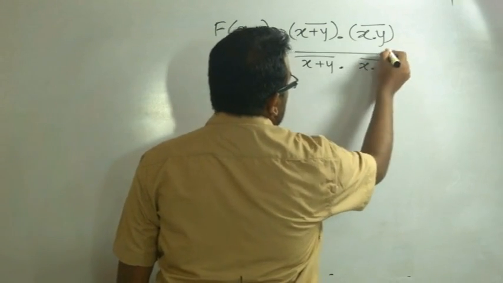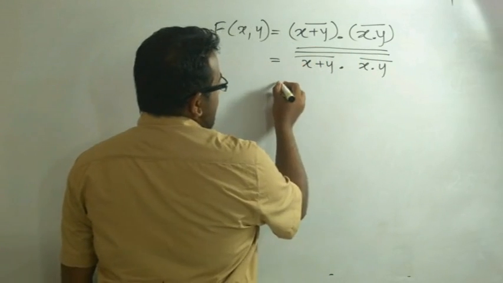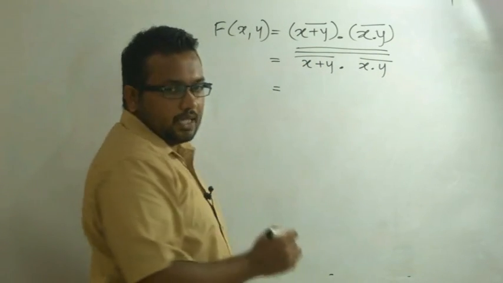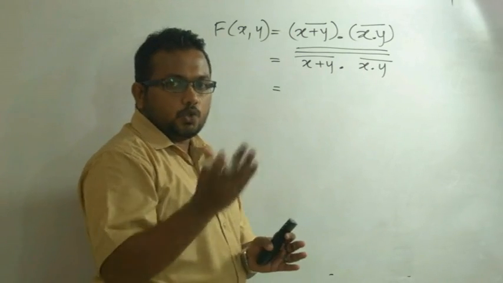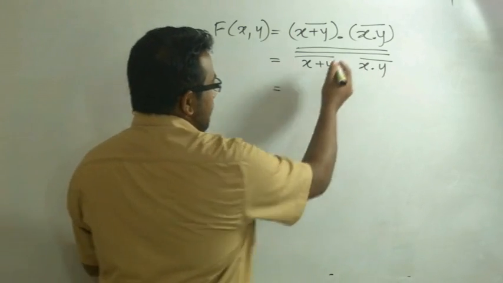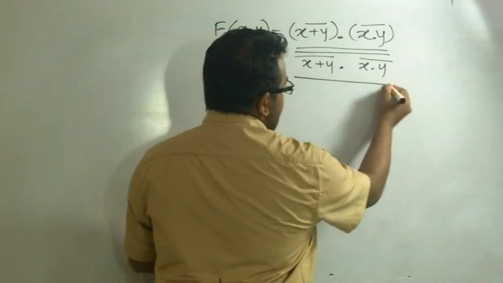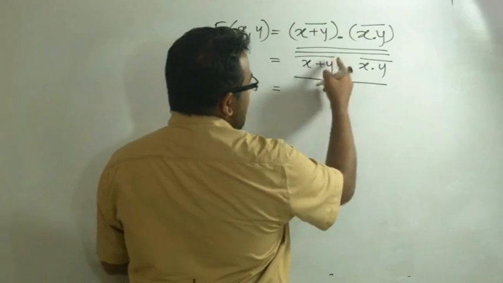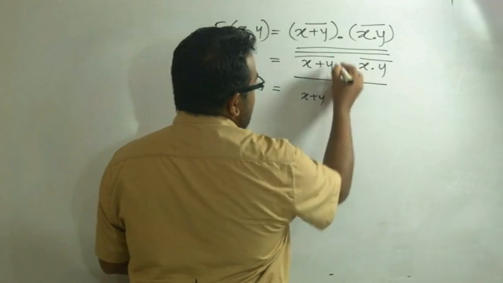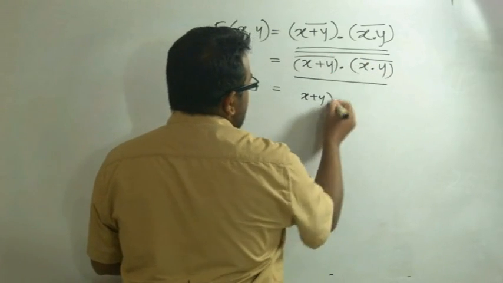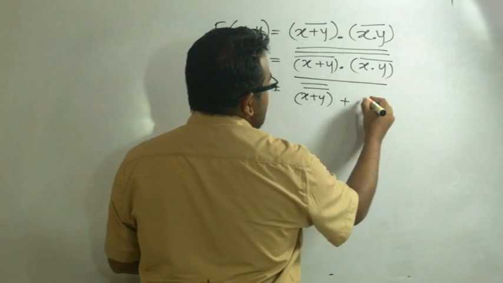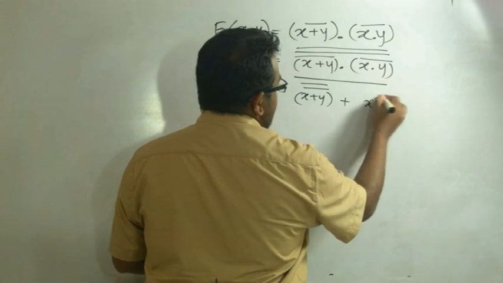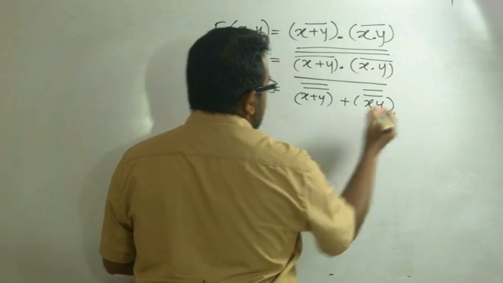We put 2 bars here. As you know, in De Morgan's theorem, you can simply turn products into sums. So we do the same thing, 1 bar will remain and again we can divide this into 2 separate sums.